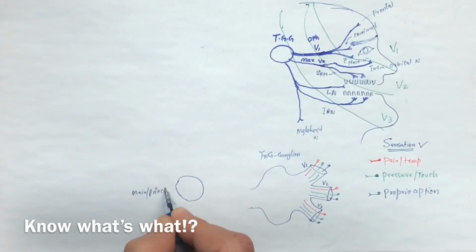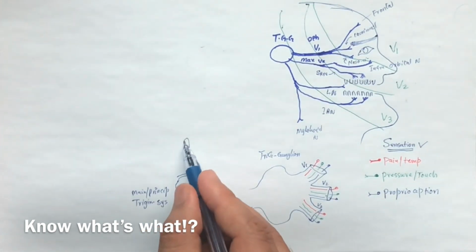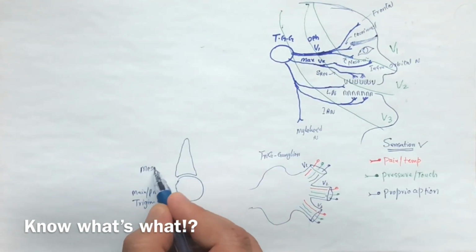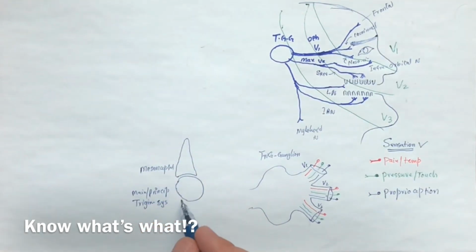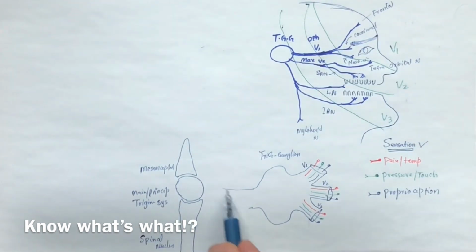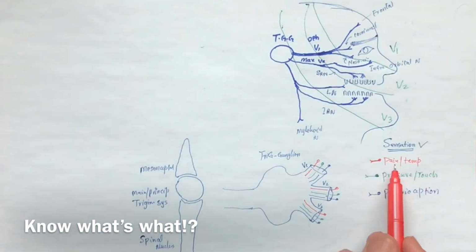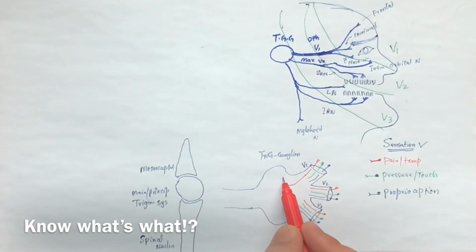So here is the main nucleus of the trigeminal system, and on top it has the mesencephalic part of this nucleus, and under it has the spinal part of this nucleus. Now the fibers that take in the pain and temperature, they will have a cell body in the trigeminal ganglion, and it will give the fiber to the spinal part of the nucleus.